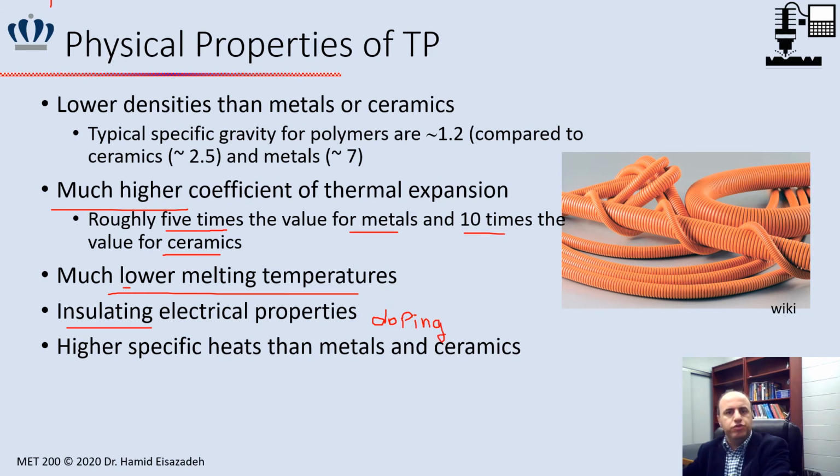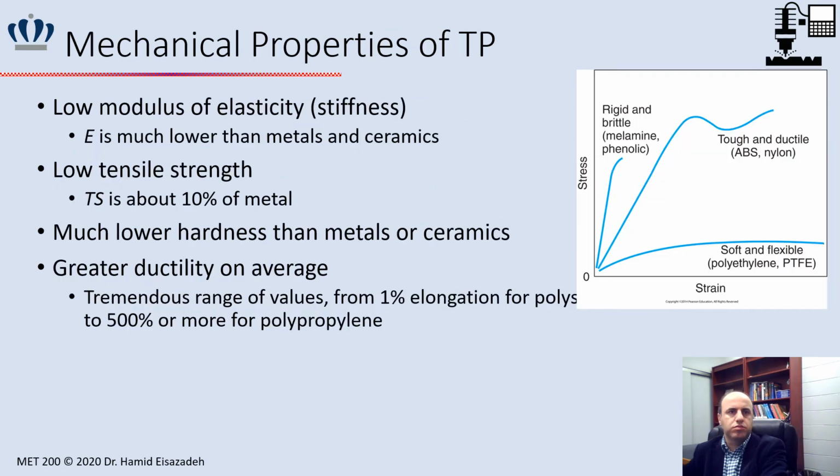By introducing some impurities such as metal powder and salt into the polymer, the conductivity can be increased. Also, they have a higher specific heat than metal and ceramic.